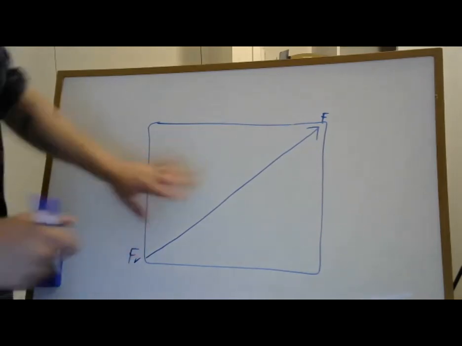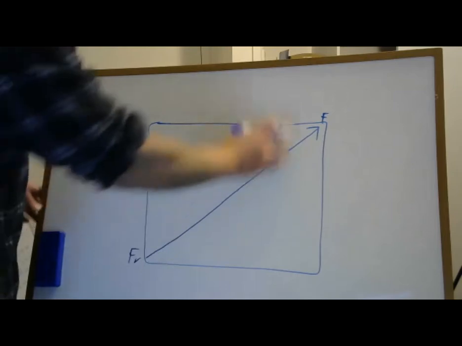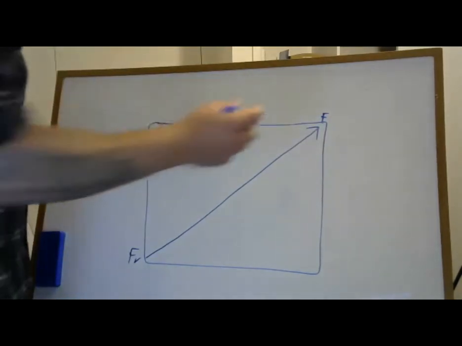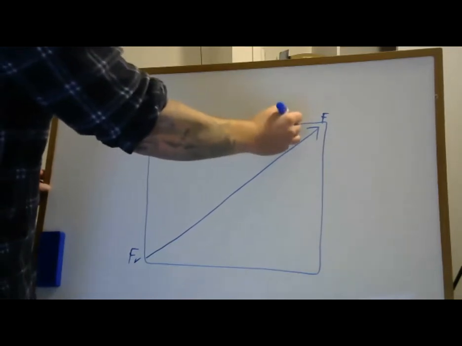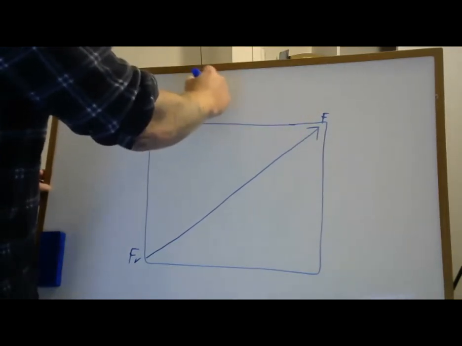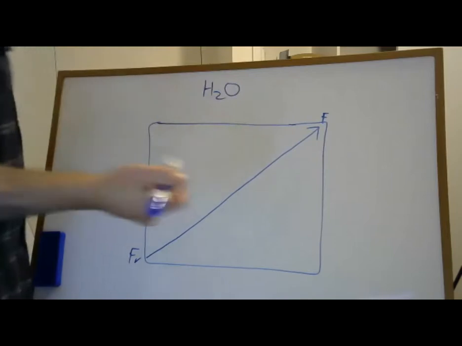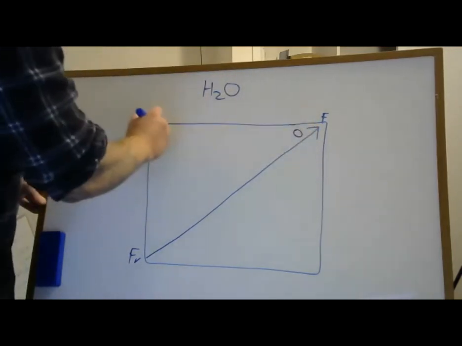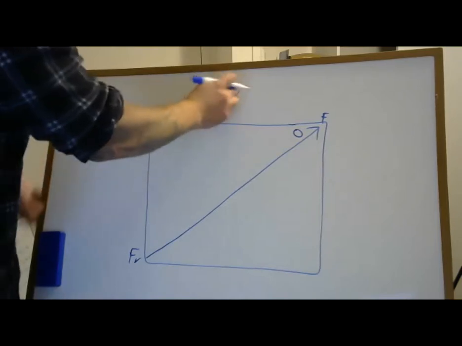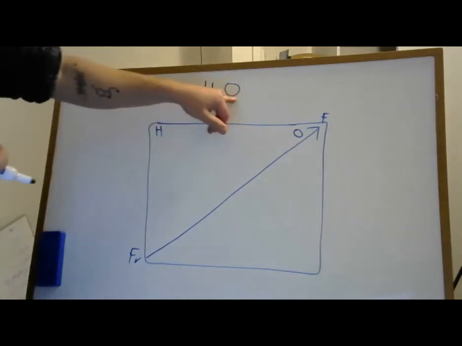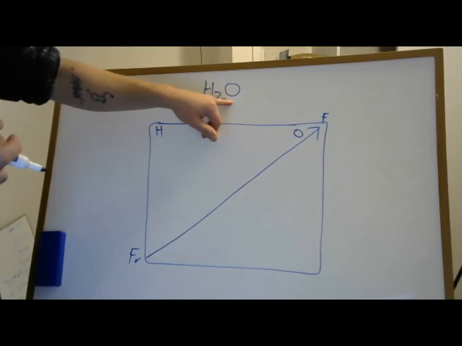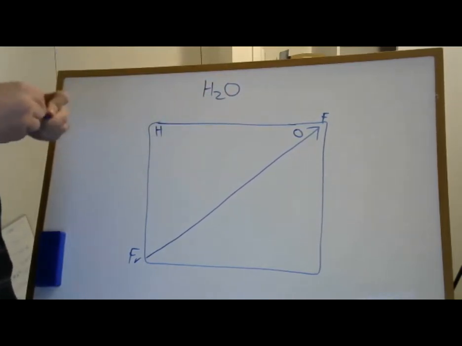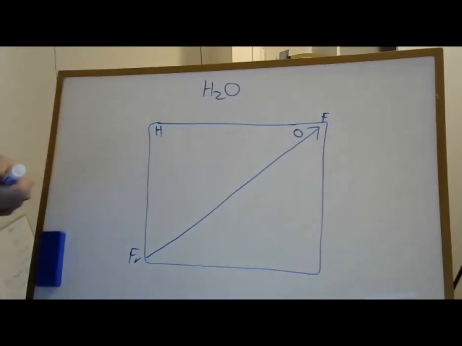So the one that's the furthest to this side is going to be negatively charged. So if you've got H2O, oxygen is over here, hydrogen is here, then oxygen is going to be negatively charged, always. Again, I will go through that on the next slide.